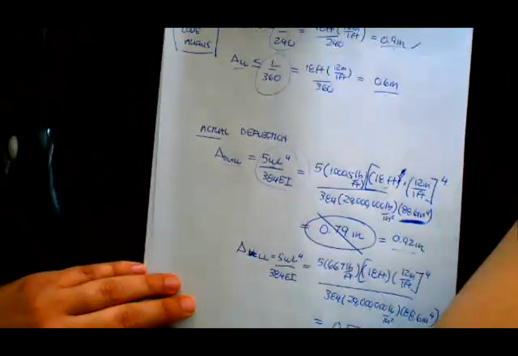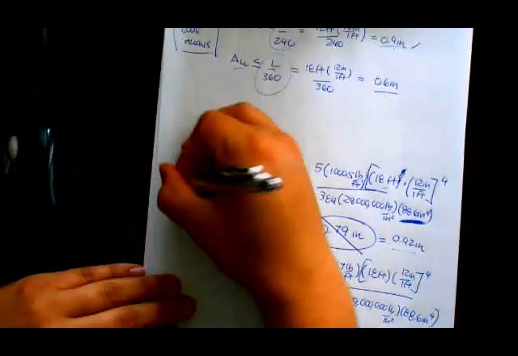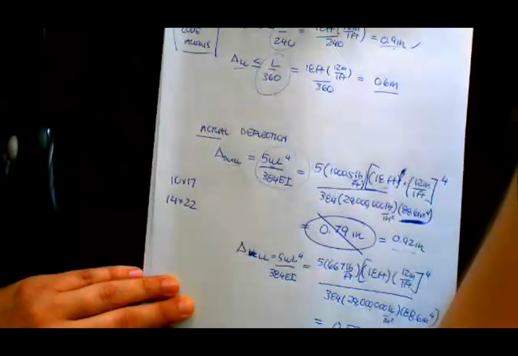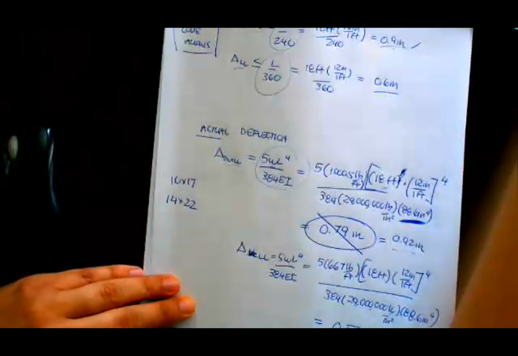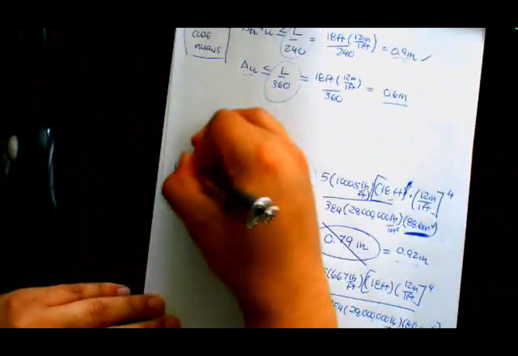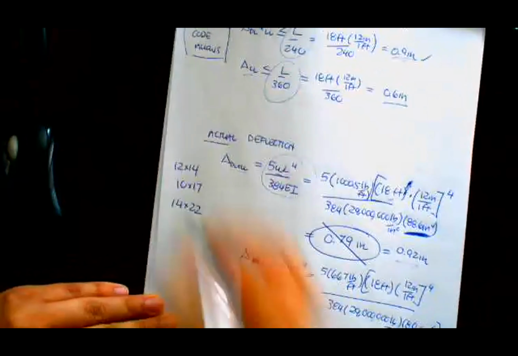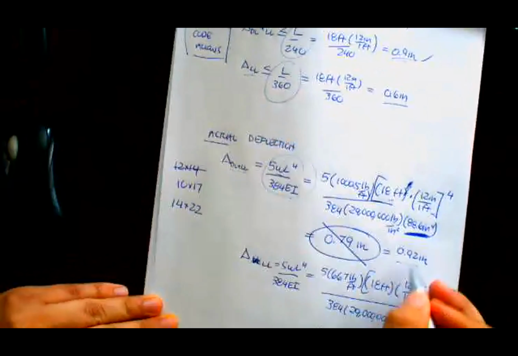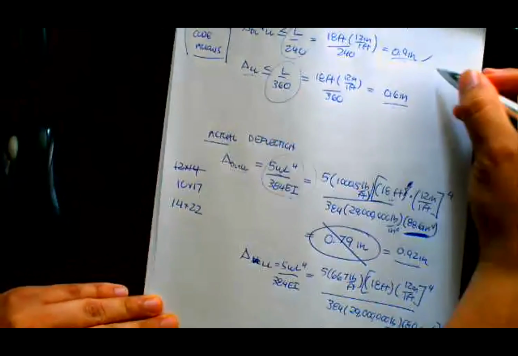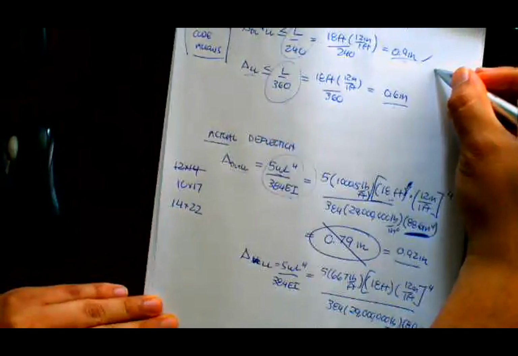When we were doing this, I said maybe there's a 10 by 17, there's a 14 by 22, but there's one other option. I had originally selected the 12 by 14, but now the 12 by 14 is not adequate, because the 0.92 is greater than what code allows me to deflect.